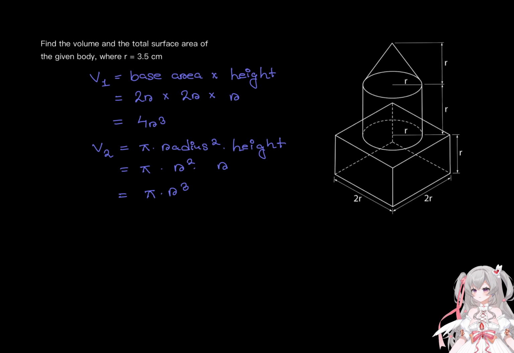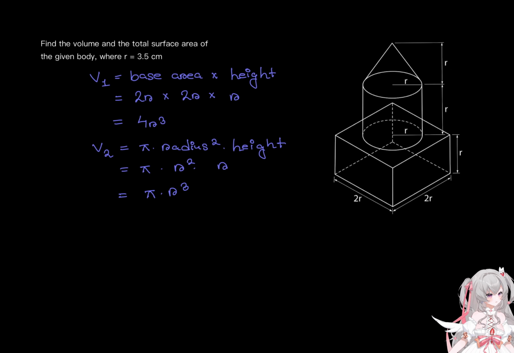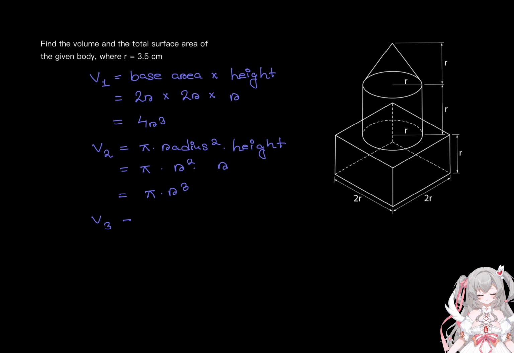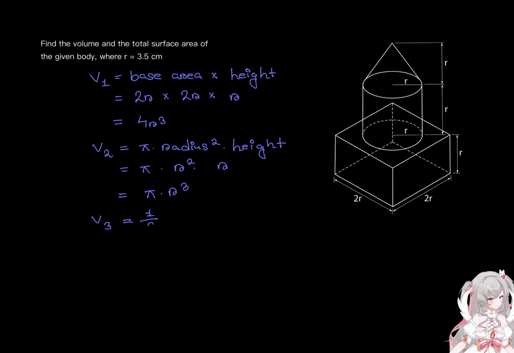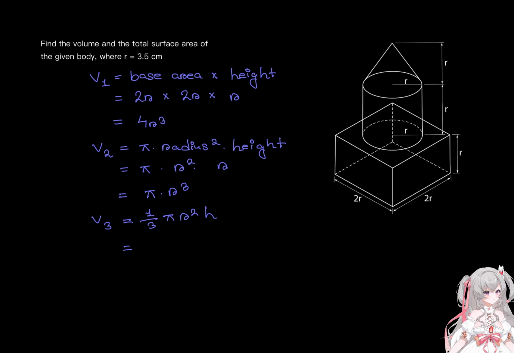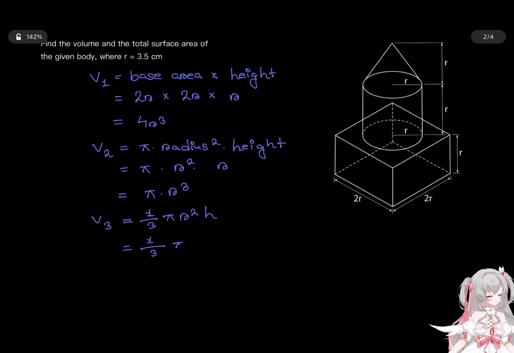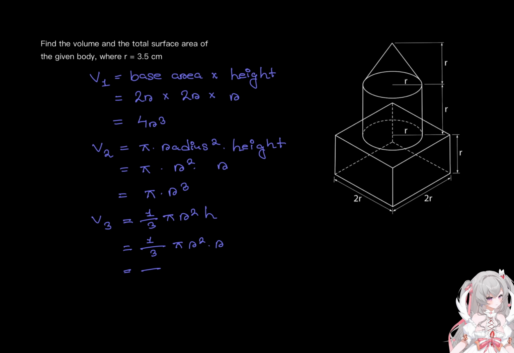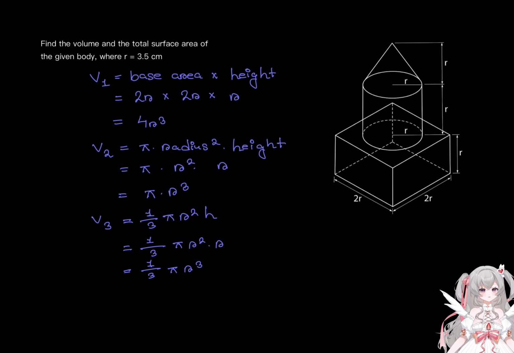And now, the cone on top. The formula for finding the volume of a cone is 1/3 pi r squared h, where h is the height. Substituting, we get 1/3 pi r squared times r, which results in 1/3 pi r cubed. And these are the volumes of all the required shapes we have in this construction.